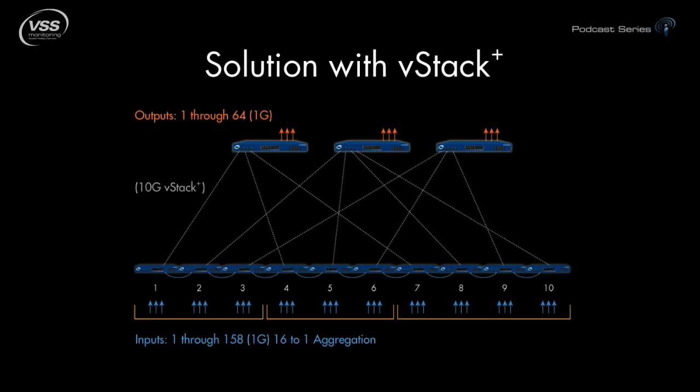So what this is allowing you to do is monitor many, many networks in your network from a central location. And all the backhaul and distribution will be taken care of automatically in that vStack Plus topology. This also allows for minimal tap hops and latency with those parallel paths and tap grouping.